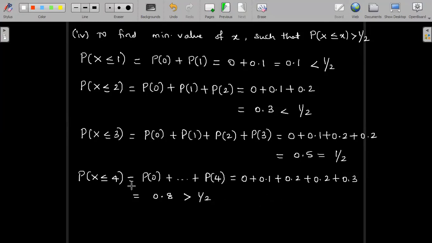So what is that minimum value of x we found, which satisfies the given condition, probability of X less than or equal to x should be greater than half? The minimum value of x is 4.